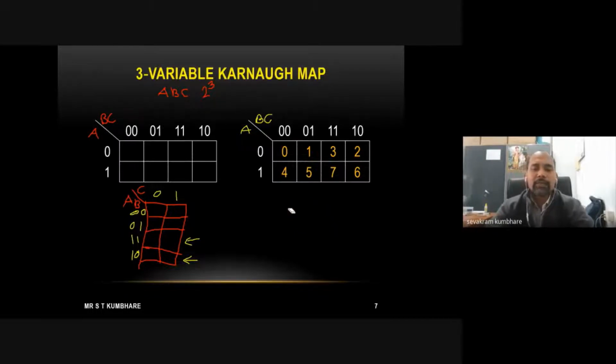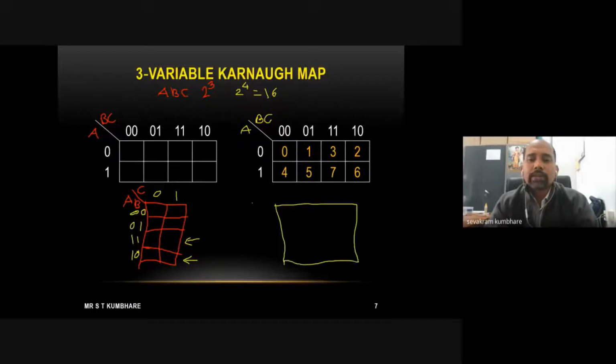So this is the 3 variable K-map. Here itself, I'll tell you about the 4 variable K-map also. Just we'll draw it. How to draw the 4 variable K-map? Since I want 4 variables, the number of cells I need is 2 raised to power 4, which is equal to 16. So how to draw the 16 cells? I have to draw a square like this.